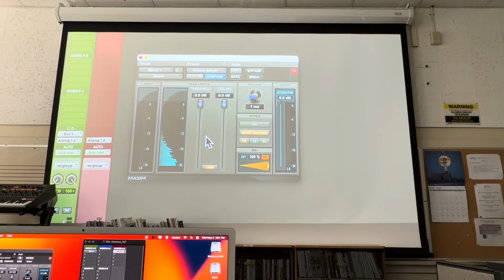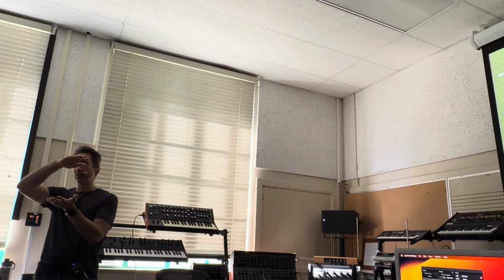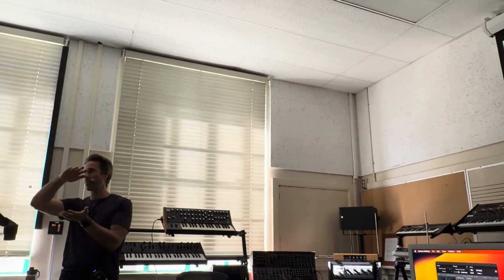Now what this processor is going to be doing to your audio is basically rounding off the transients as they get louder and louder, okay? So at a certain point, it will just cut them off. If you do this subtly, people won't notice. If you do it really hard, it's going to sound like distortion and just bad.